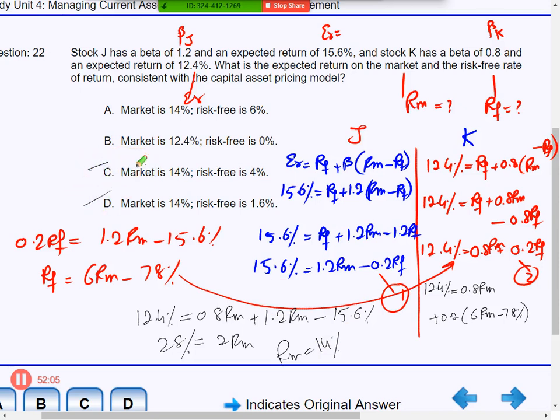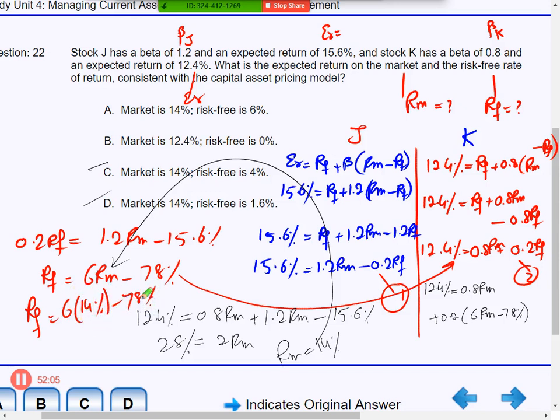It means we have to solve it for the risk-free rate as well. Since we have found RM, simply plug this RM in this equation, and you will directly get RF without any further substitution. So RF is equal to 6 times RM, which is 14%, less 78%.